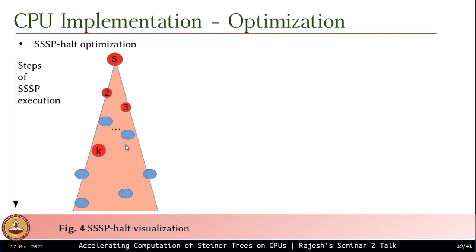Okay, so let's go to the CPU optimization that I was building up. This SSSP runs to completion, right? It starts from the source and computes the distance from the source to every other n-1 nodes, so we don't actually need it. This is an additional amount of work that we are doing, and that is what we were able to identify.